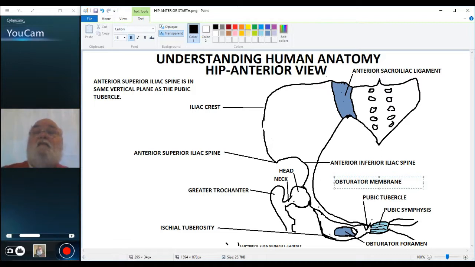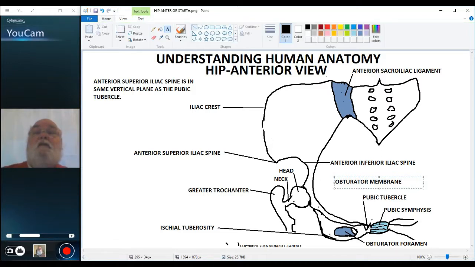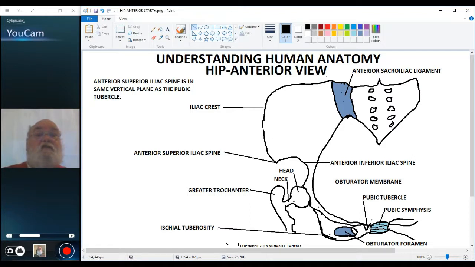And the obturator foramen is about 90% covered by this membrane, and this membrane will serve as origin for muscles, principally the obturator internus and obturator externus muscles.